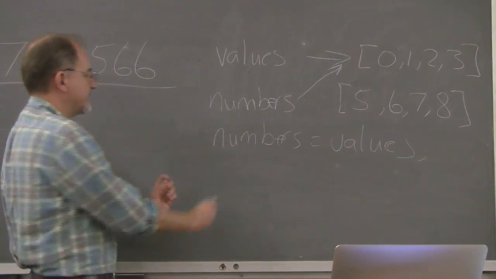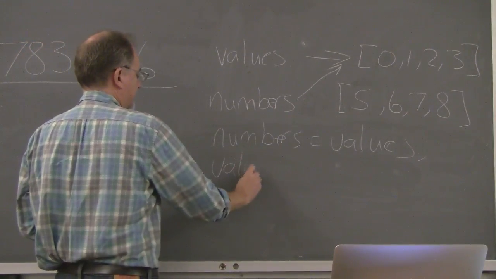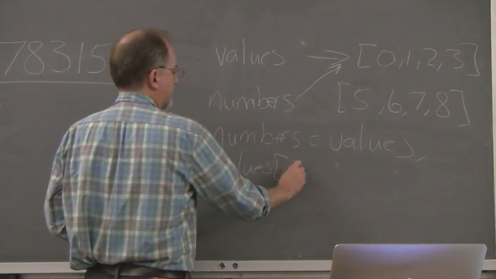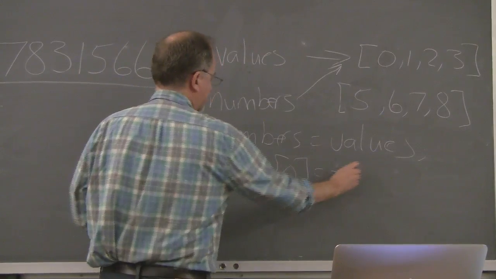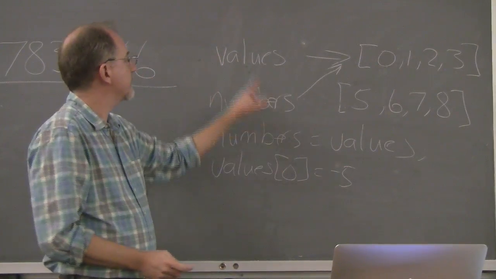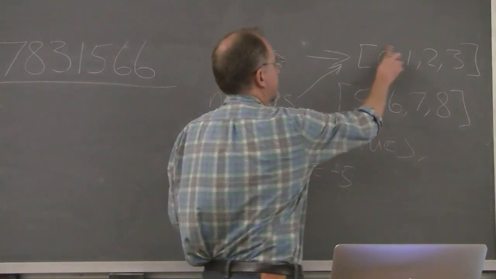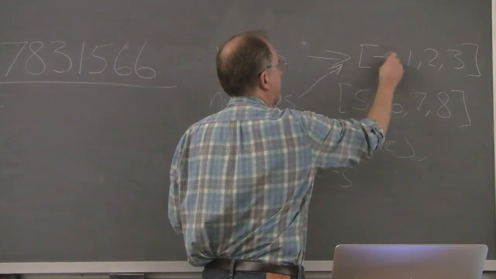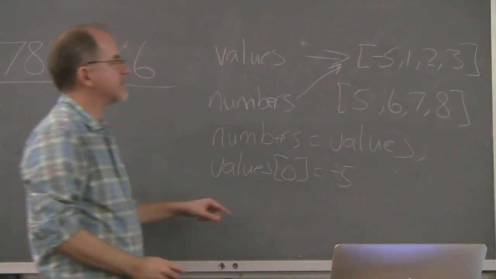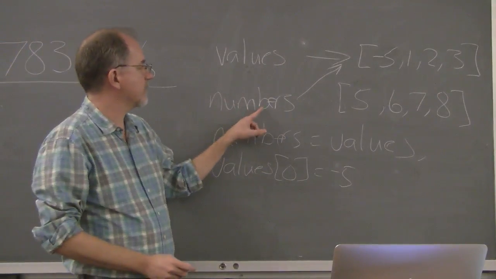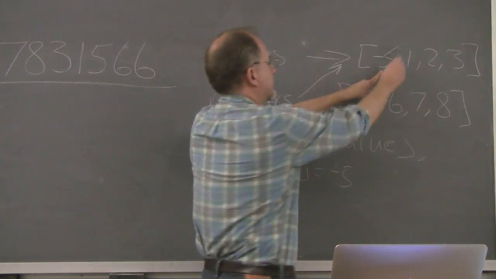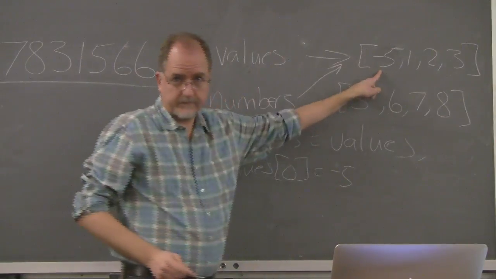And then the next line, I said values 0 equals -5. Let's find the 0 index spot for values. That becomes -5. Then I want to access the 0 spot of numbers. Well, the 0 spot of numbers is this -5, so it prints out -5.